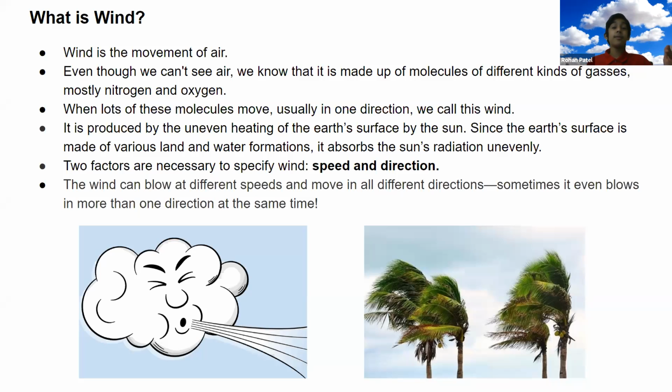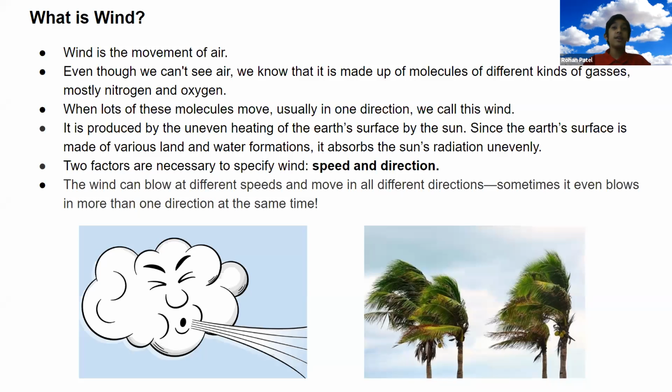It's just that they have different temperatures. The basic definition is that wind is the movement of air. Even though we can't see air, we know that it's made up of molecules of different kinds of gases, which are mostly nitrogen and oxygen. When lots of these molecules move, usually in one direction, we call this wind.